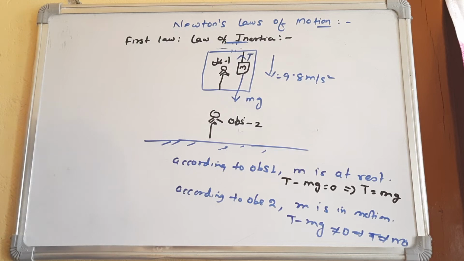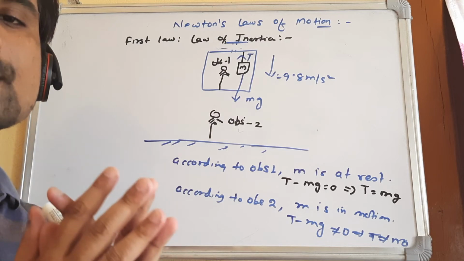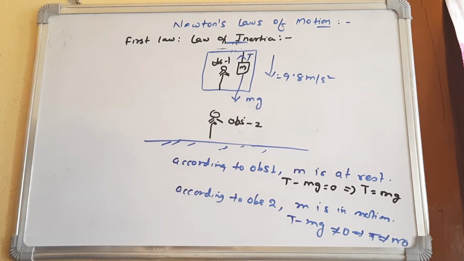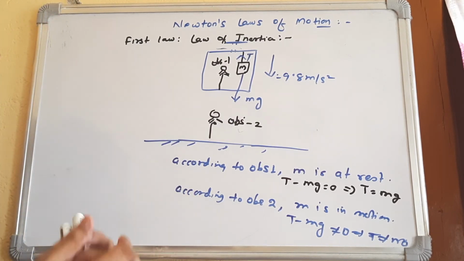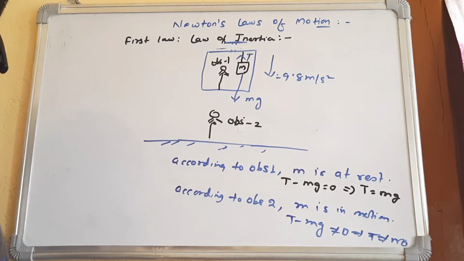Now, one of them is wrong and one of them is correct. Or maybe both of them are correct. But basically there needs to be some change in Newton's first law to account for this discrepancy observed by both the observers.